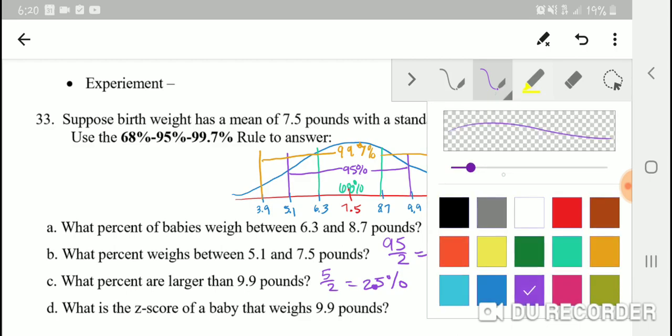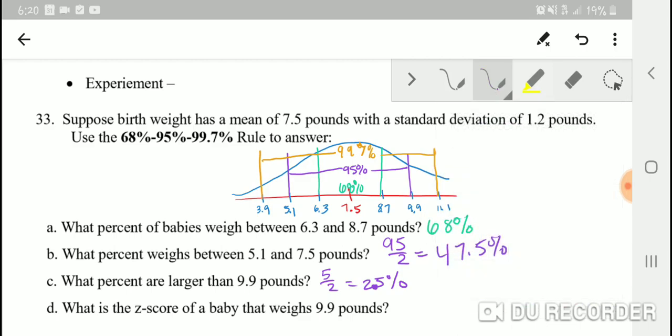Or we did break all of these down into their individual percentages before. We said 7.5 was the halfway point, so 50% of the data is below and 50% of the data is above. This was 34% on both sides. This was 13.5% on both sides. This was 2.35% on both sides.